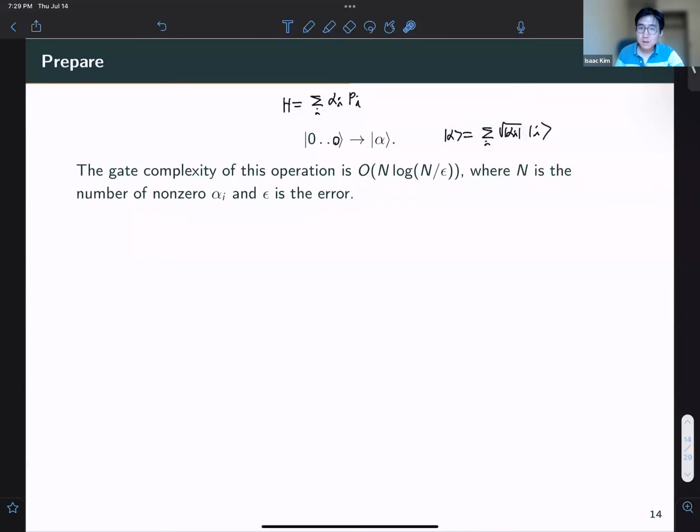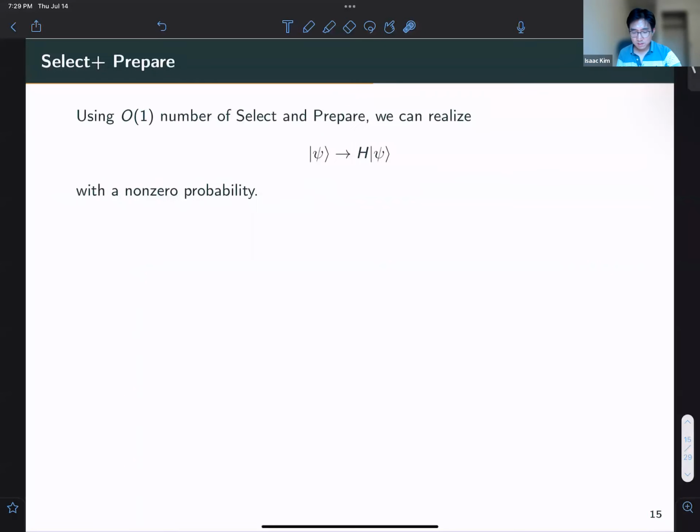And so how do we actually realize this? Well, we can do that by using the following circuit. I'm sorry, I think you're not supposed to start with the alpha state. You start with the zero state.